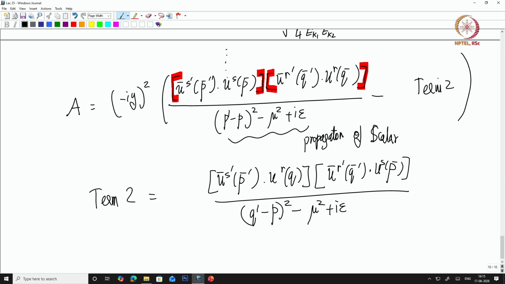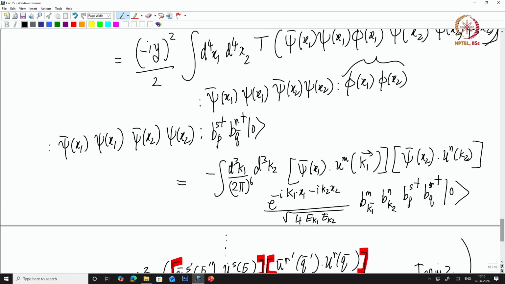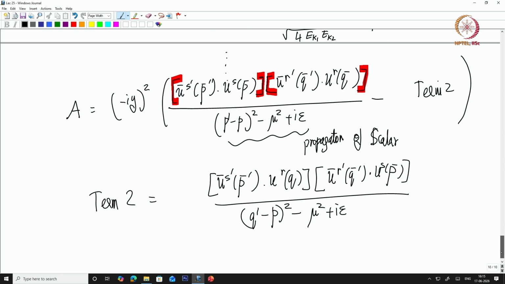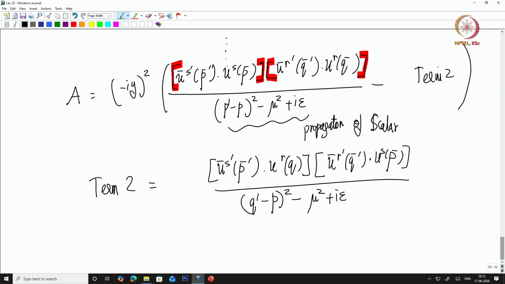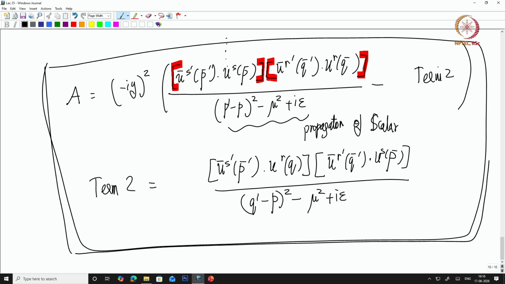Now instead of doing this entire procedure systematically, taking all possible contractions and writing down this entire long thing, we will use the Feynman diagram approach. So this amplitude we will get back in the next lecture by using Feynman diagram techniques.